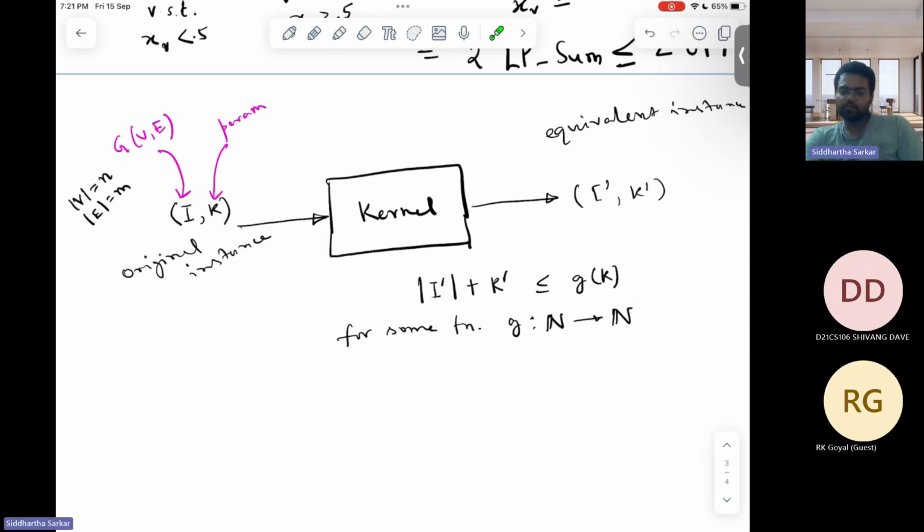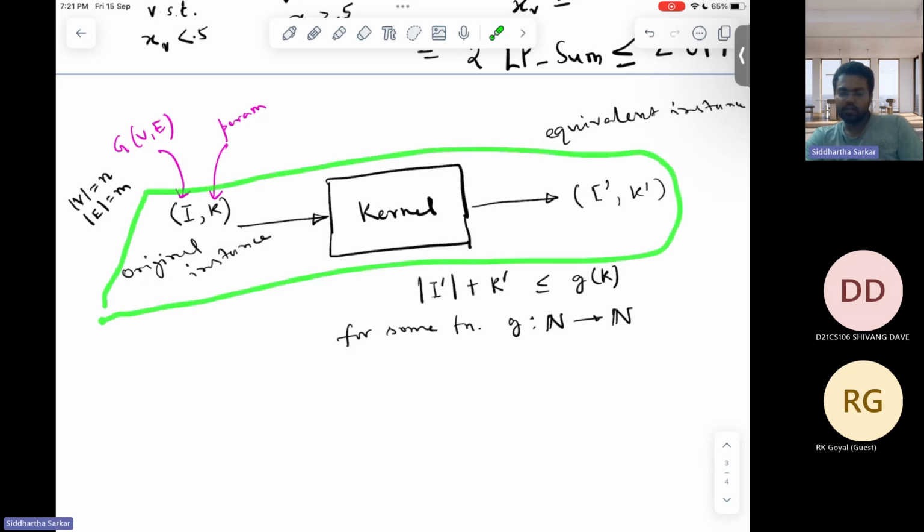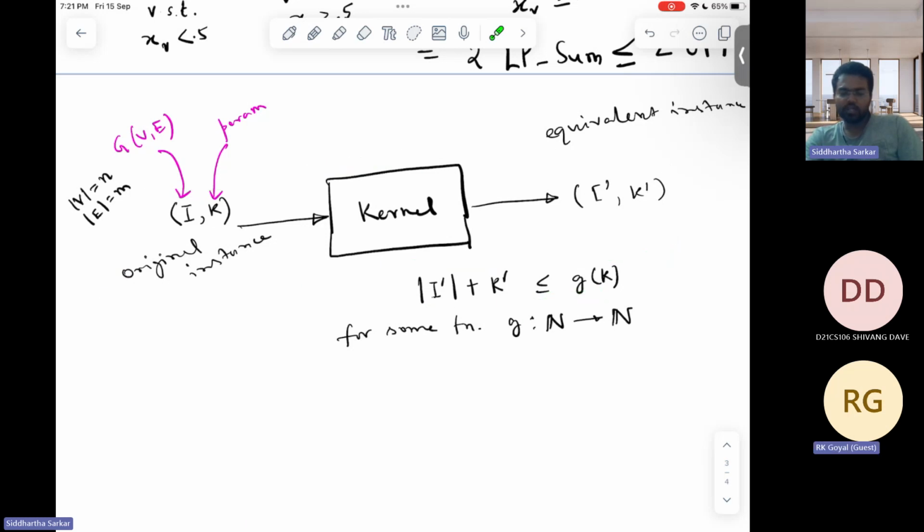The definition of kernelization is generic. It is not with respect to the vertex cover problem. So conventionally, for the generic definition, they write it this way: the reduced problem is such that the parameter size plus the instance size is bounded by some function. That is by convention. Of course, what you are saying is correct.